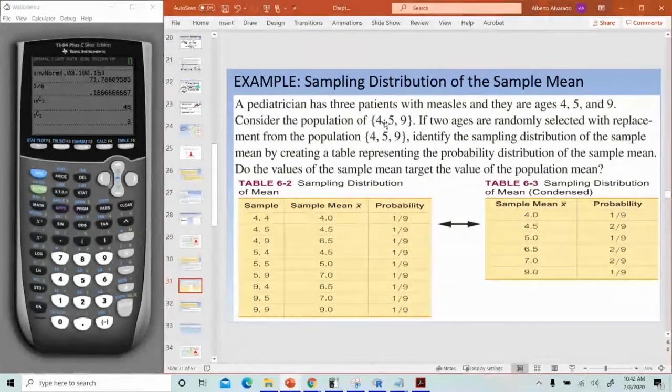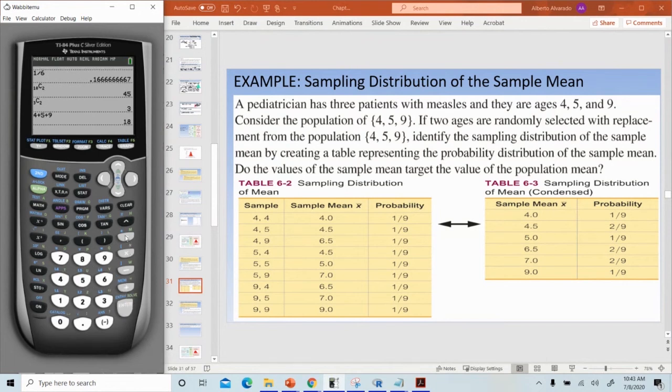This we could actually calculate. The true mean age, we can just add them up and divide by 3. So 4 plus 5 plus 9, divided by 3, that's going to give us 6. So that's the true mean age.